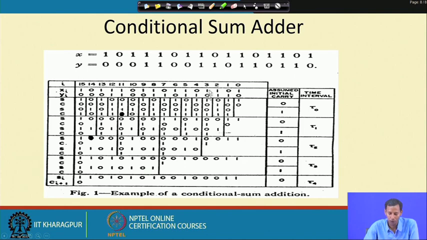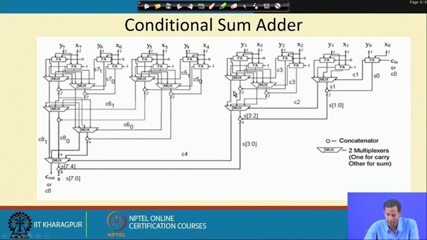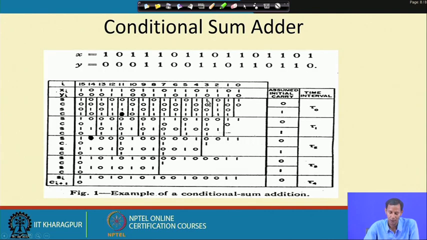That means for y 3 and x 3, consider this is 1 0. So, considering carry input 0 I will get 1 0, considering 1 in carry input I will get 0 and 1, right. Whenever I come to this particular point, what will be selected here? It will select the previous carry, that is 1, that means it will choose 0 and 1.